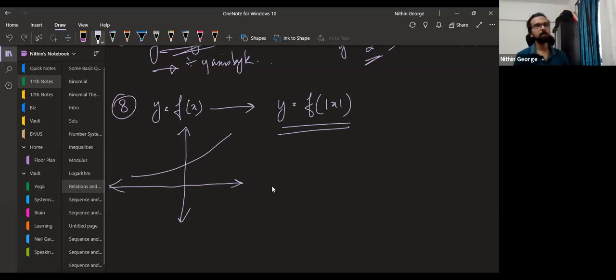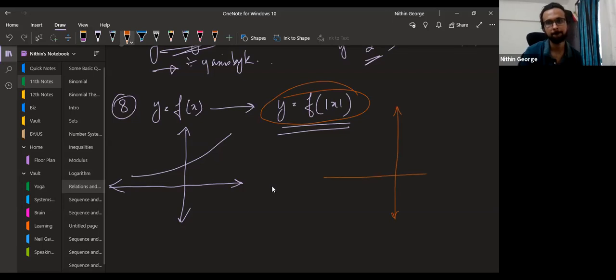What about y equal to f of mod x? How do you draw the graph of this?